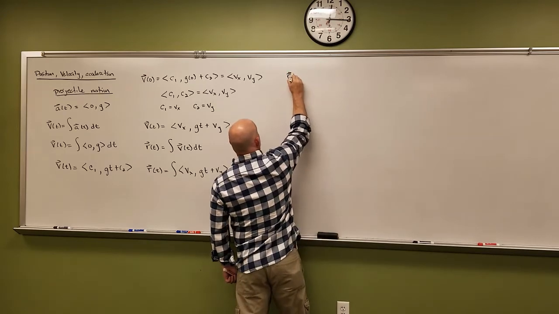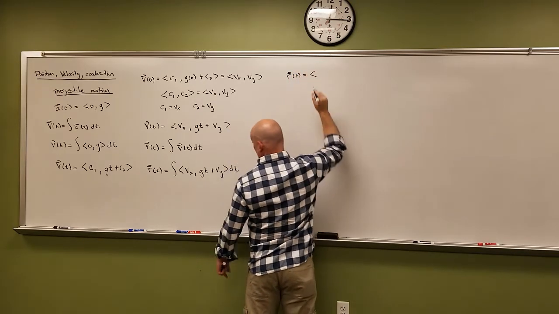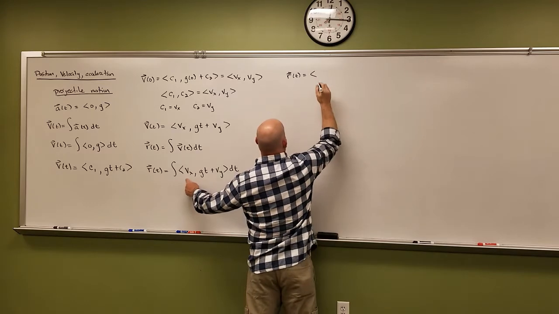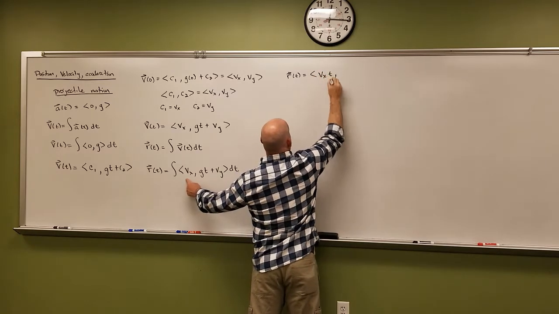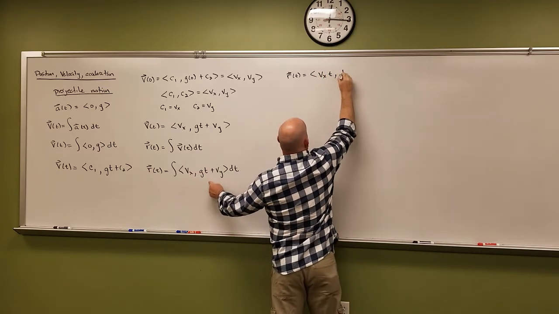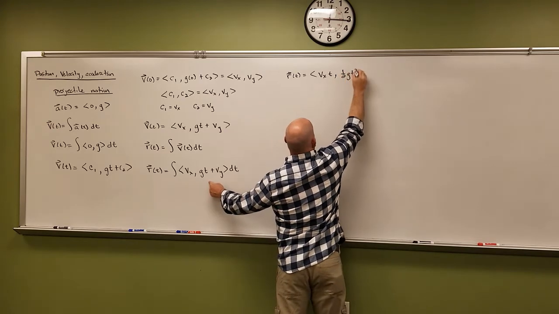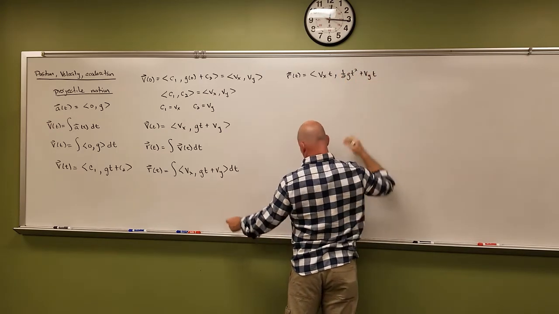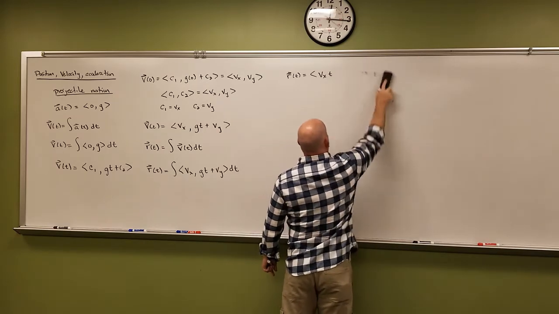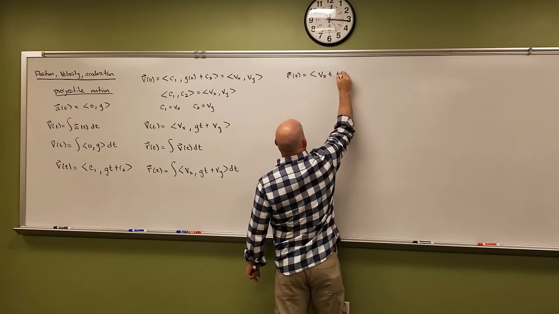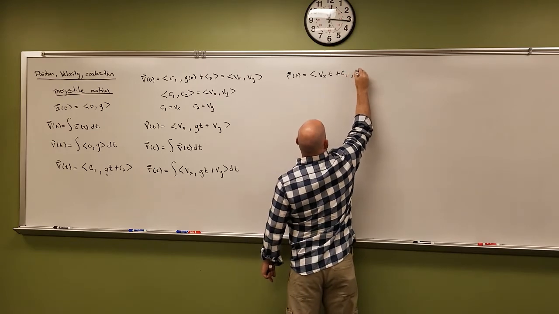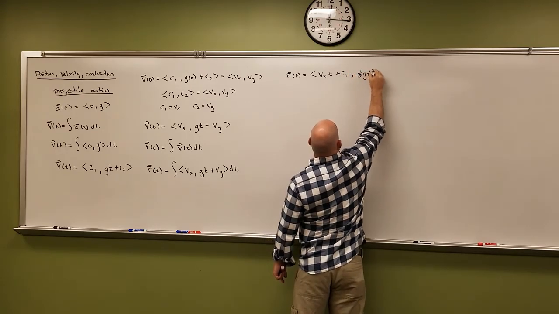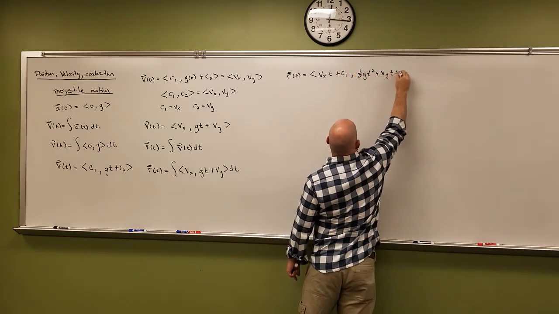So my position function should be this. If I integrate this with respect to t, remember that's a constant, so that's v sub x t. This is going to be 1/2 gt squared plus v sub y t. Ooh, I forgot my constant. 1/2 gt squared plus v sub y t plus c2.